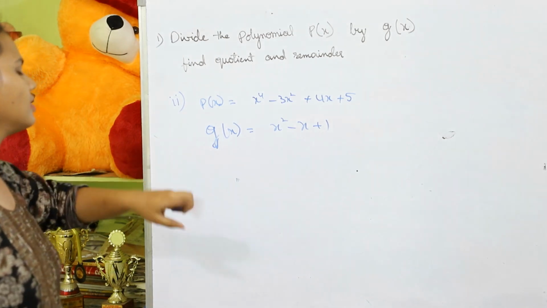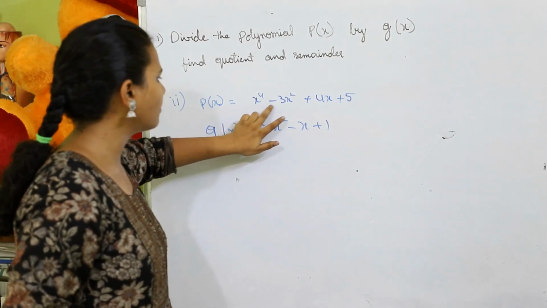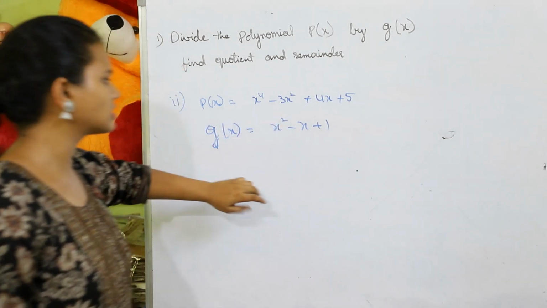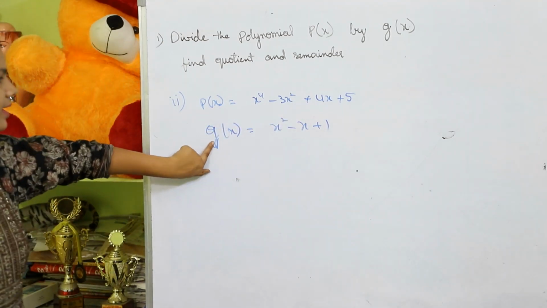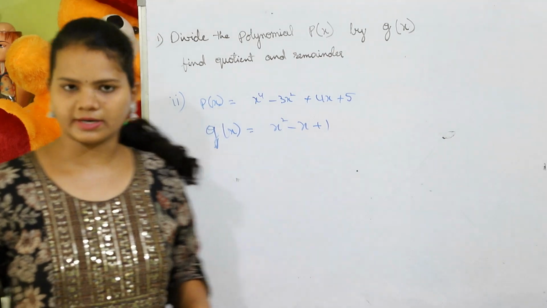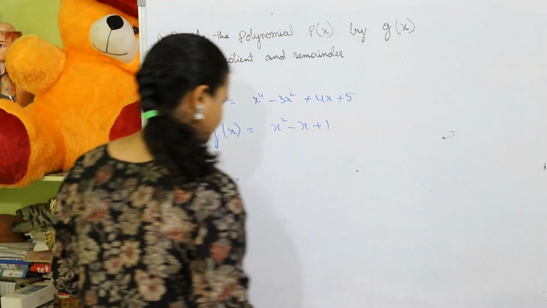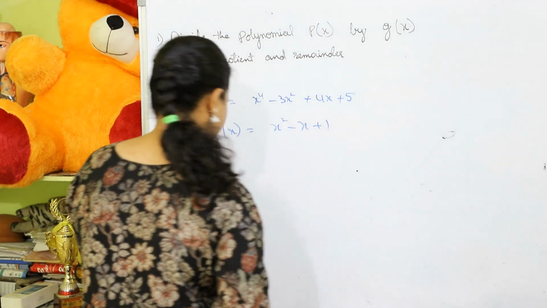So this is the given value. P of x is x power 4 minus 3x square plus 4x plus 5, and g of x is x square minus x plus 1. Clear? Now let's solve this given question.